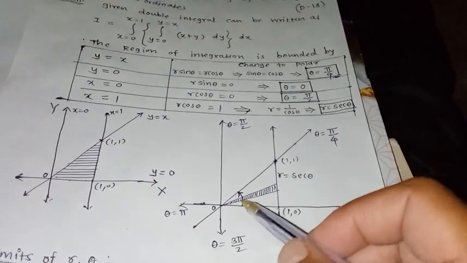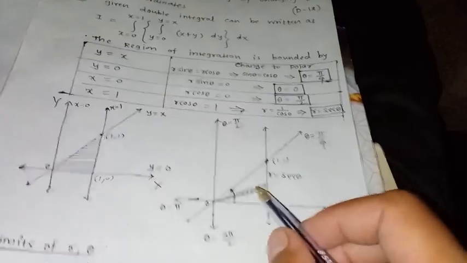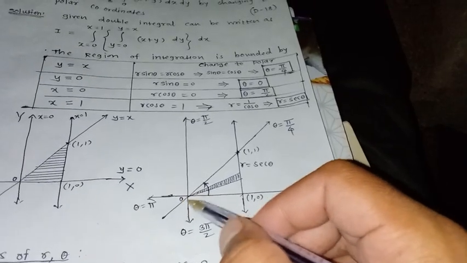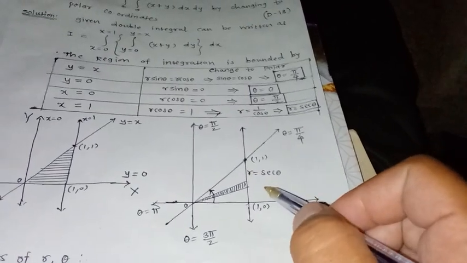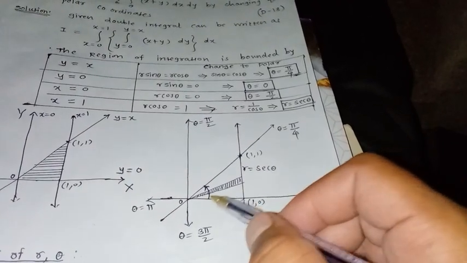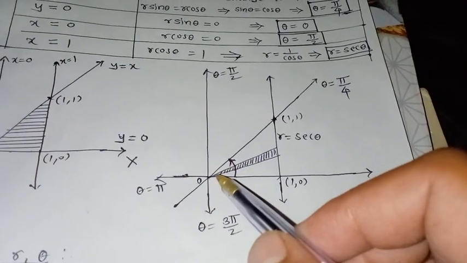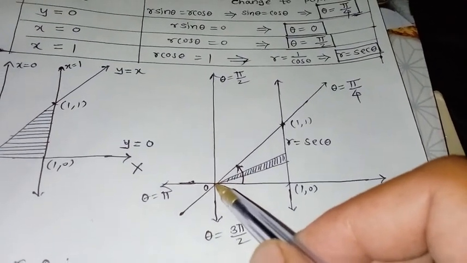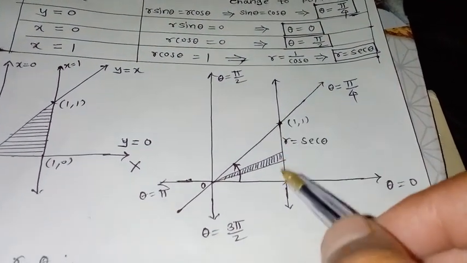So for this I am taking one strip which starts from the origin and ends at this line, that is r equals sec theta. This strip is random, we can take it anywhere. Now we can observe that our radius starts from the origin and ends at this line.